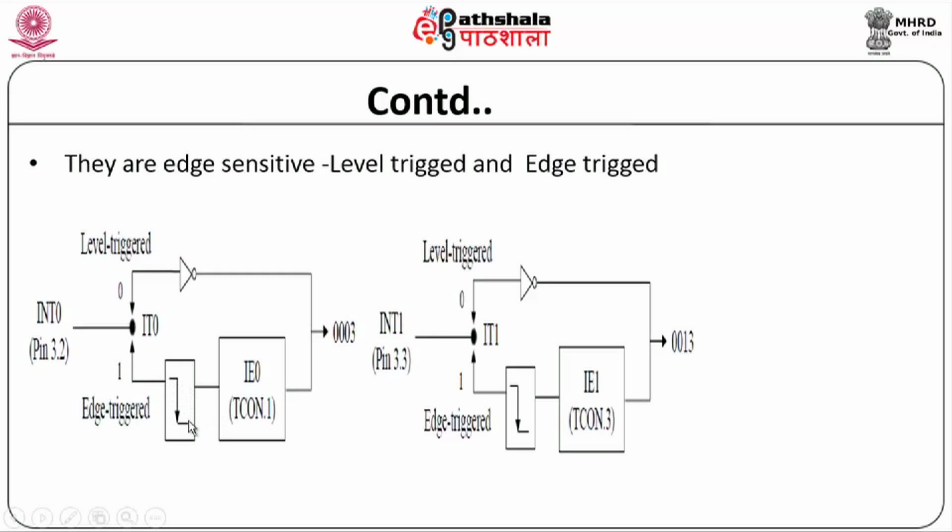Only at that particular instant a transition occurs, which is otherwise called an edge. If I am getting the edge at only one instant, only at that instant the system has to get fired with that interrupt, in the sense I have to go for edge triggered interrupt.